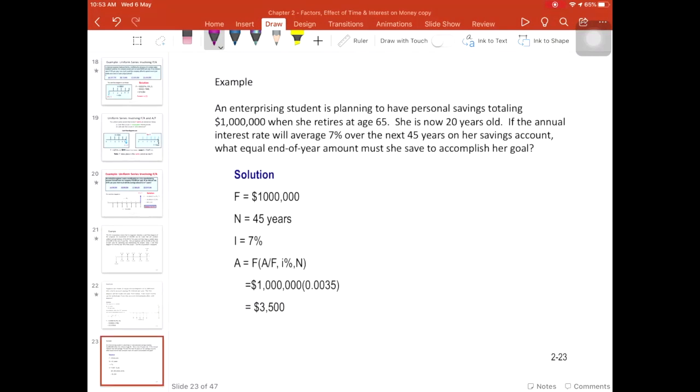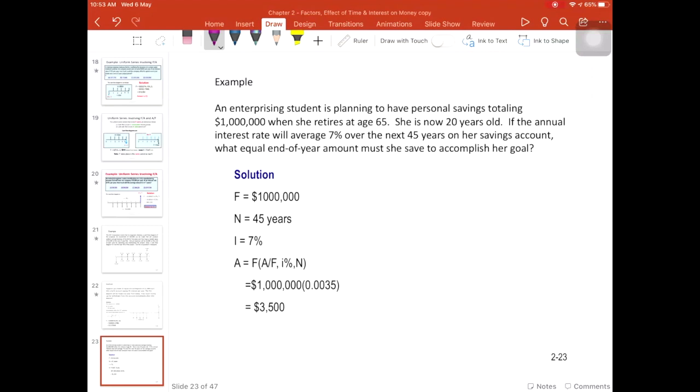Alright, and then another example. An enterprising student is planning to have personal savings totaling 1,000,000 when she retires at age 65. She is now 20 years old. If the annual interest rate will average 7% over the next 45 years on her savings account, what equal end-of-year amount must she save to accomplish her goal?